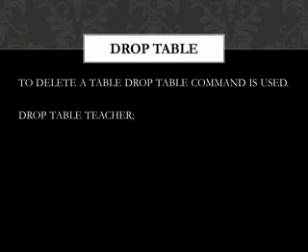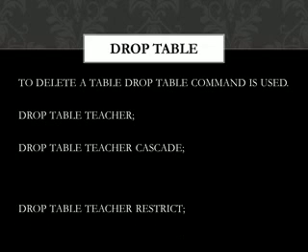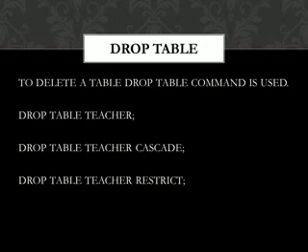So drop table is the command that has to be used. Drop table teacher cascade, this is the action, we have already studied about it, and drop table teacher restrict, so that these two actions are used in order to keep the referential integrity constraint as valid.